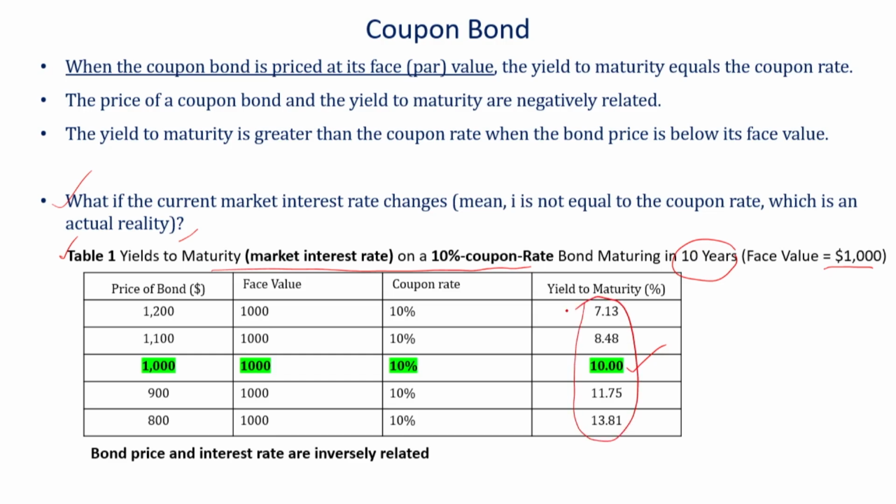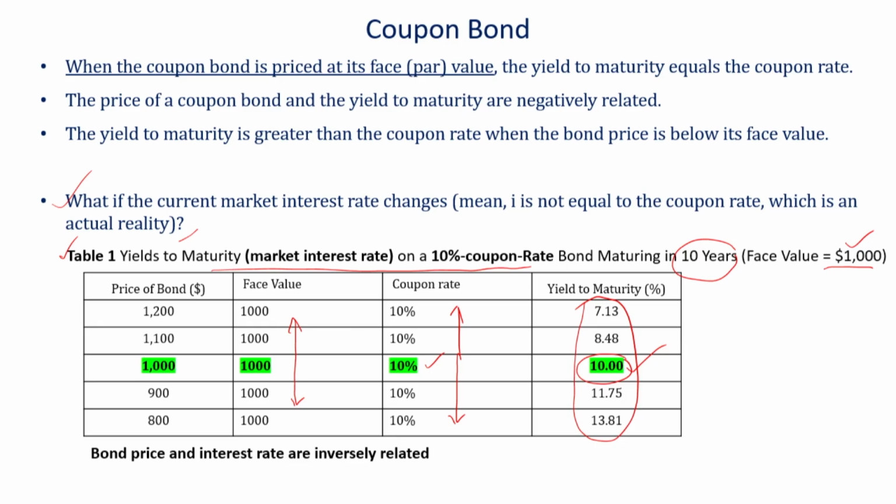Suppose the yield to maturity, the current market rate of interest, is 10% and the coupon rate is also 10%. We keep the coupon rate constant, because it is already agreed in the bond. The face value is also predefined in the bond, that is 1000.